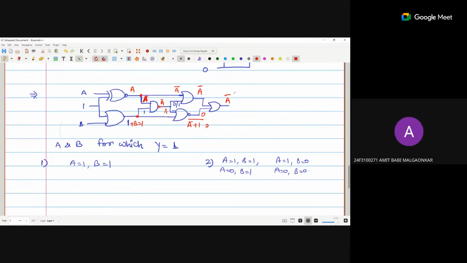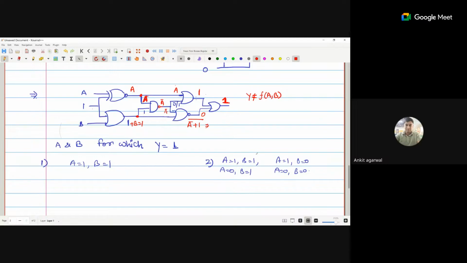Sir, that OR gate at the top, that will be A, right? A and A bar. Okay, say a bar, 1. Okay. So we are getting 1 here. So output y is not a function of a and b. Okay.